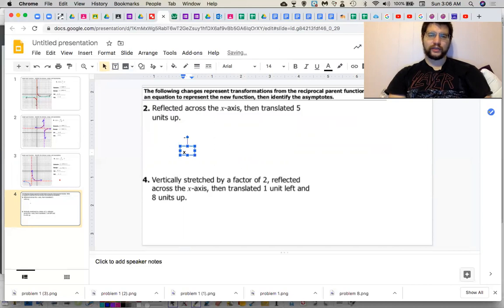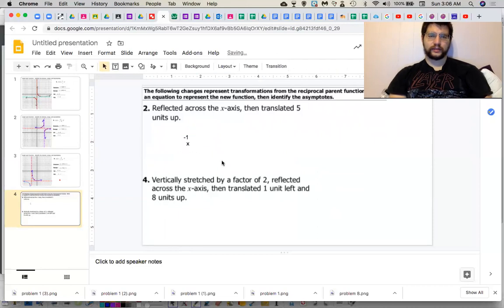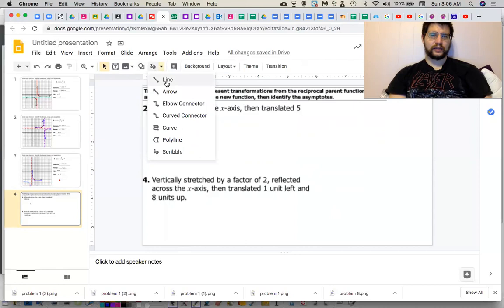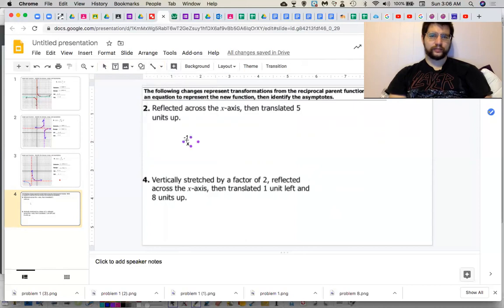I don't have any horizontal shifts, so I'm just going to leave x. They're nice and close to each other. A little line underneath them.